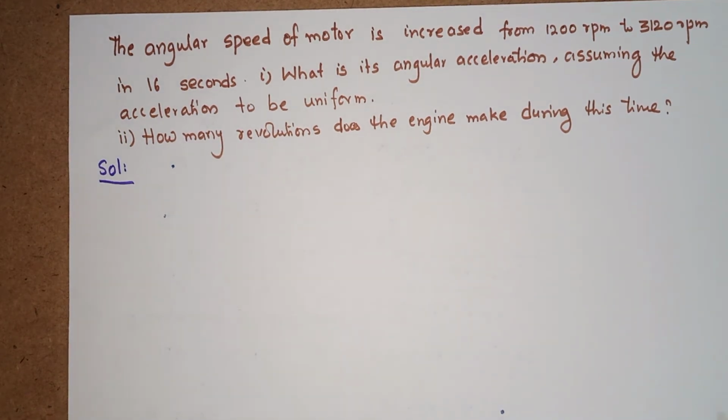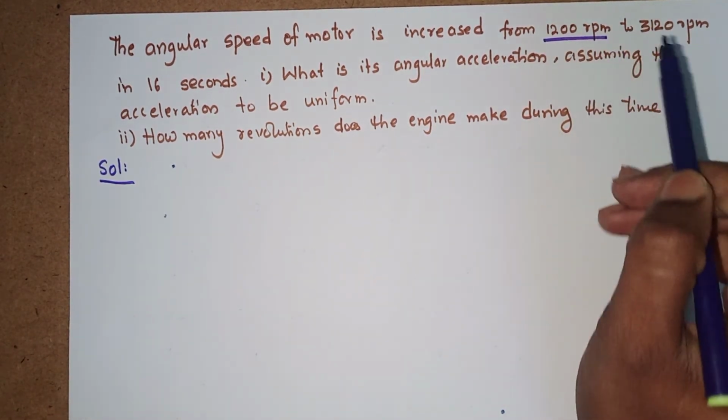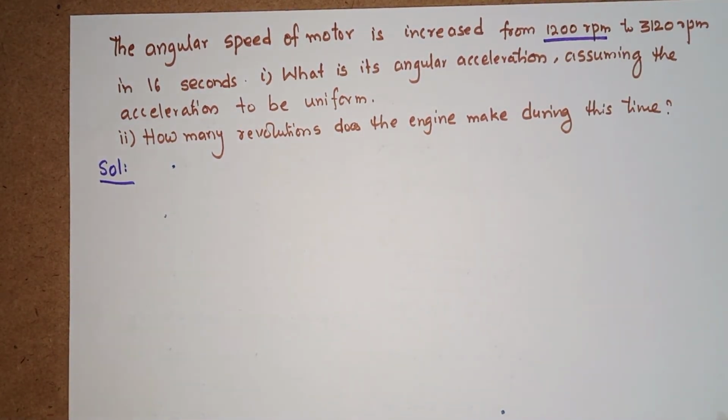The angular speed of a motor, generally a motor or a fan, will have increasing velocities, as they are examples of rotatory motion. Now the initial angular velocity is 1200 rpm. Rpm means revolutions per minute. We will convert it into radians per second.